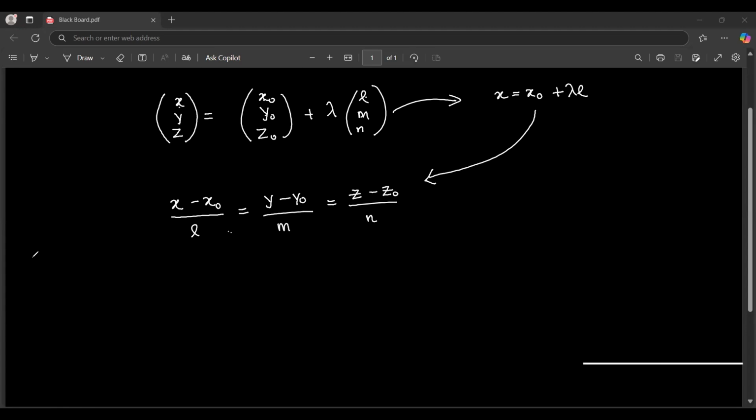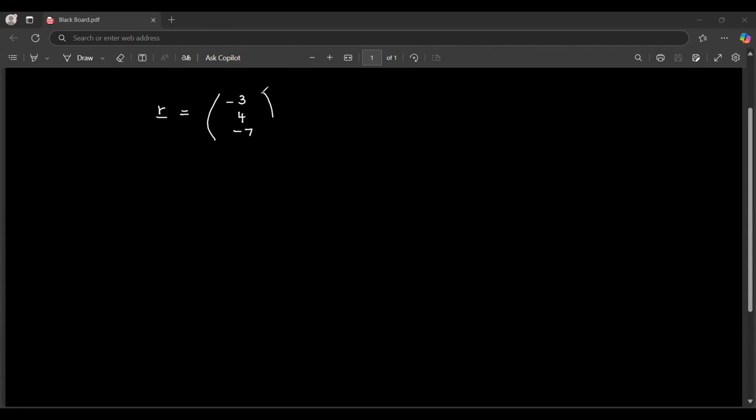So I have to give an example for this also, right? Let's say r = (−3, 4, −7) + μ(2, 3, −2).